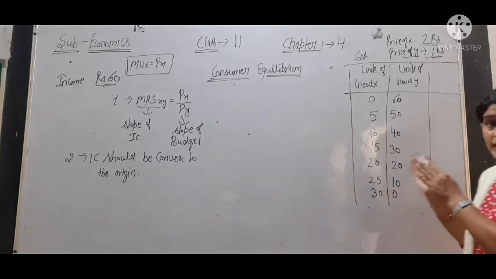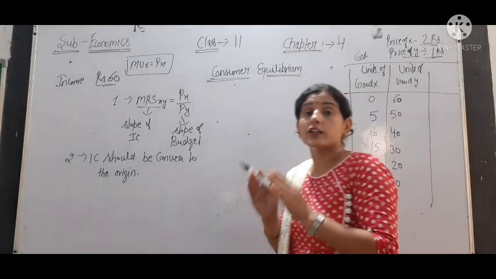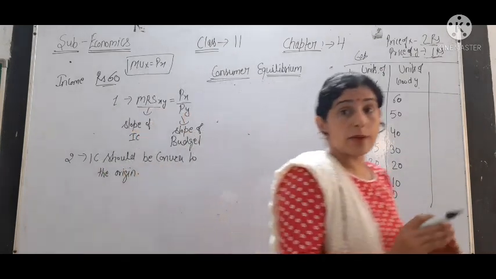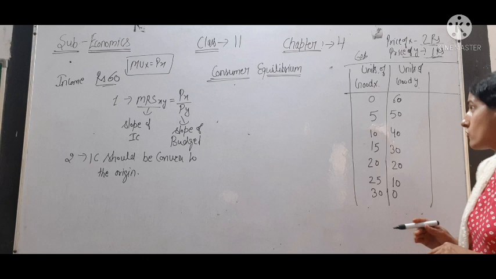So the consumer can consume these goods in different quantities of the two commodities. There can be different combinations of these two goods.